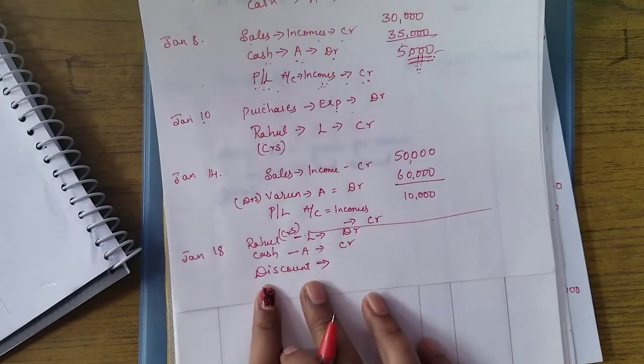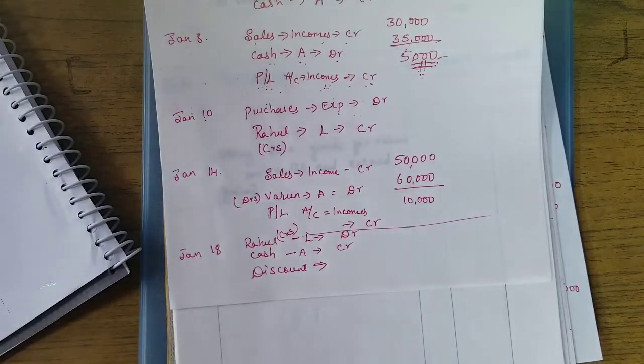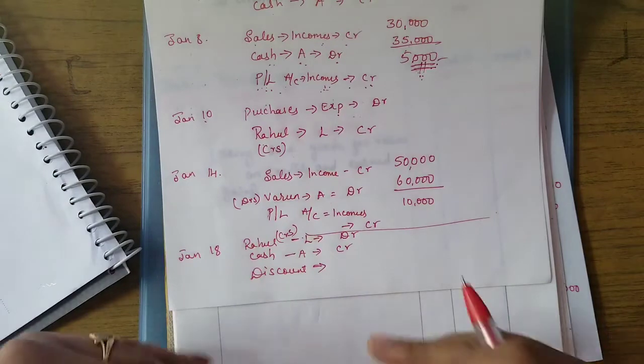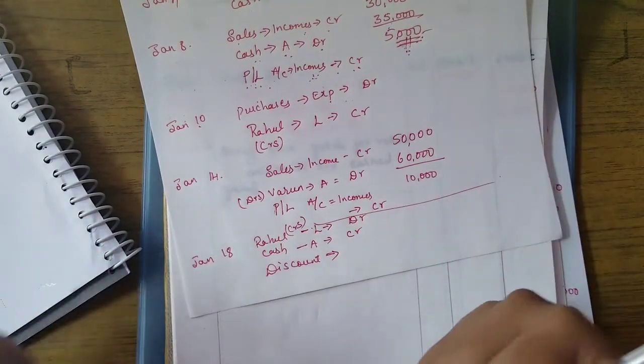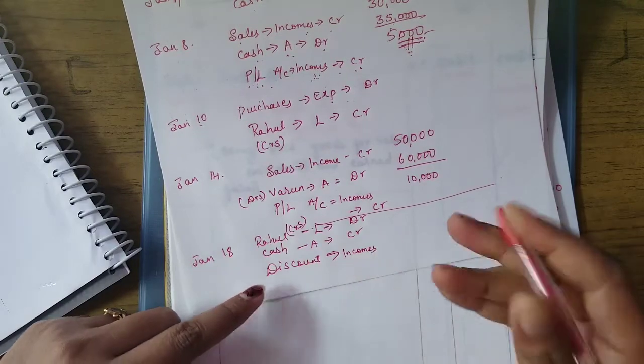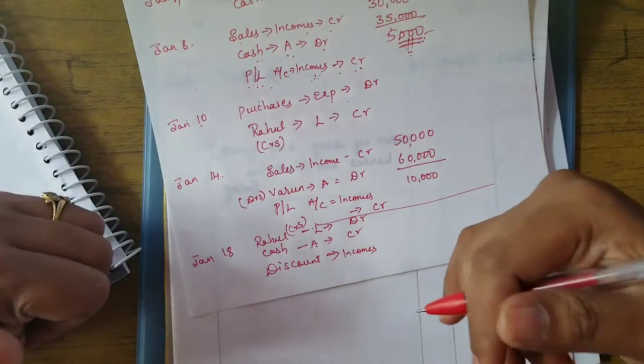Now, discount, you should know whether it is an income or expense by reading the transaction. Since when we are paying, we will be receiving the discount. When we receive discount, it becomes an income. If at all we are paying and we are receiving some discount, that is an income.